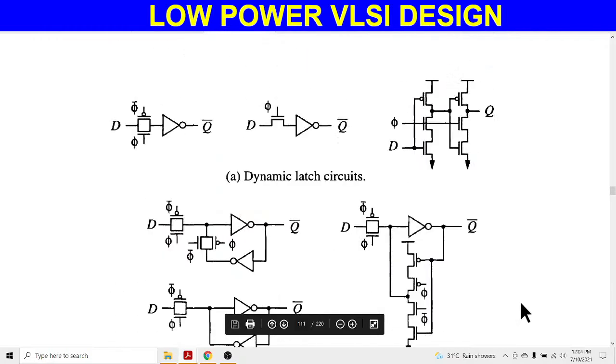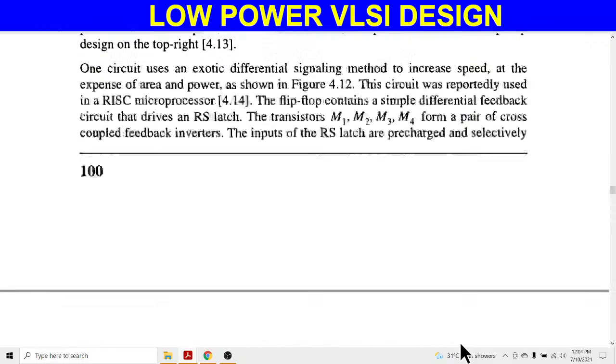All the circuits have some advantages and some disadvantages.